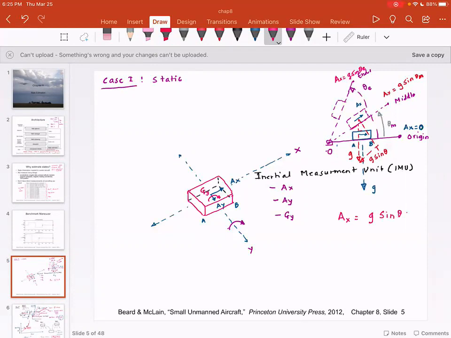So if I want to find out the inclination of the platform, I find out the measurement of AX, divide that by G, and find its sine inverse.